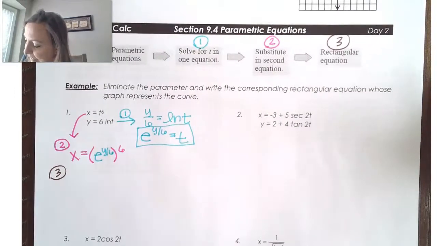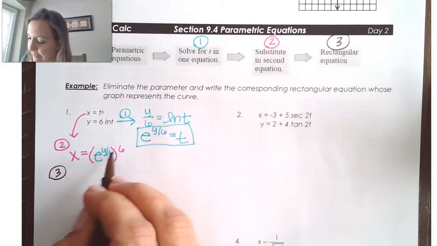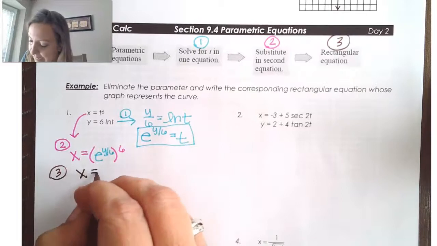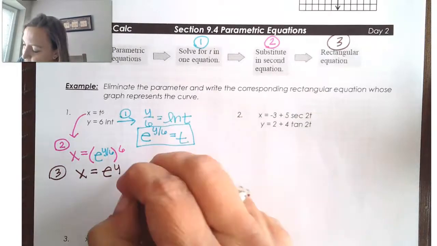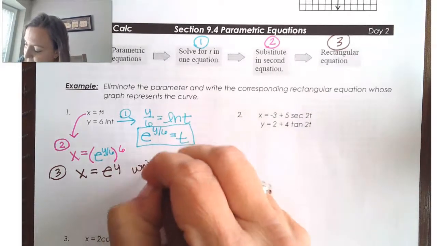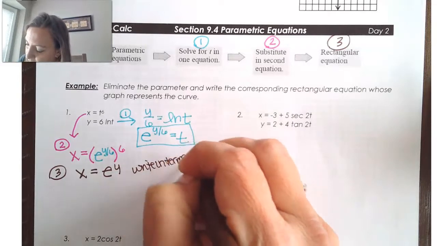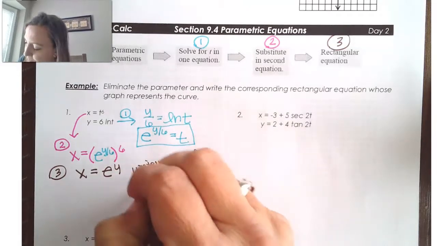I multiply these exponents together, and I get x equals e to the y. Now, it looks like we're done, but let's always write in terms of y whenever possible.